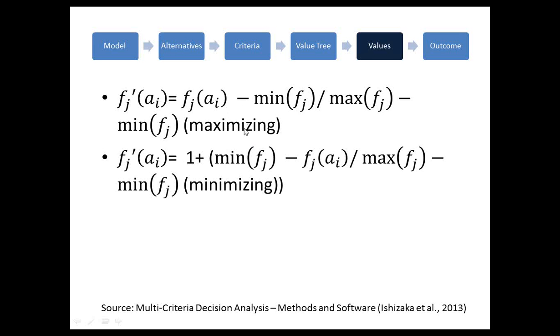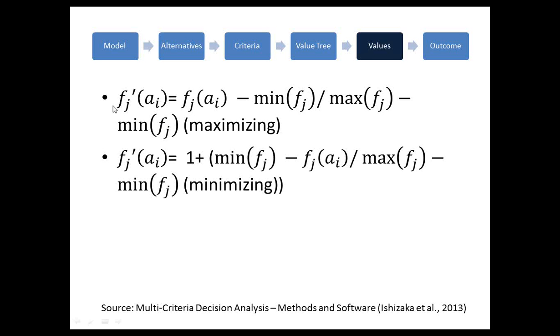In case of maximizing performance, you can calculate the value of that alternative on that criterion by taking the actual raw score, subtracting the minimum score, and dividing that by the difference between the maximum and the minimum score available in your dataset.